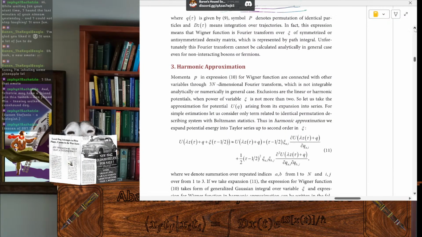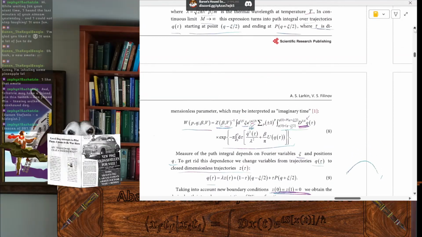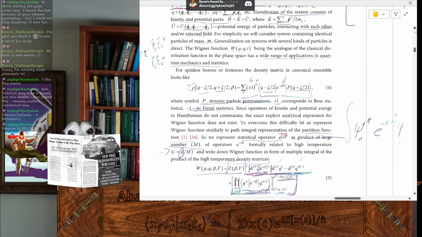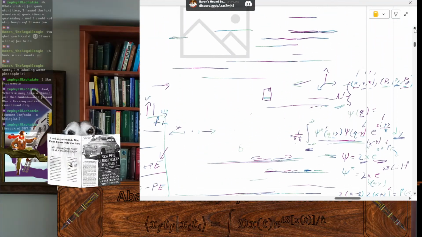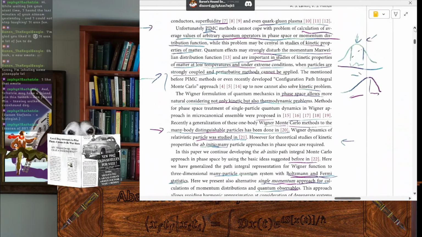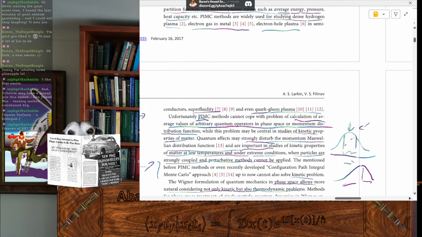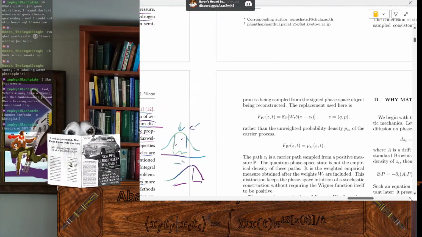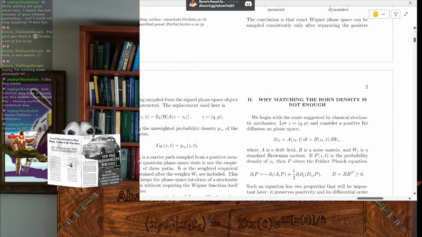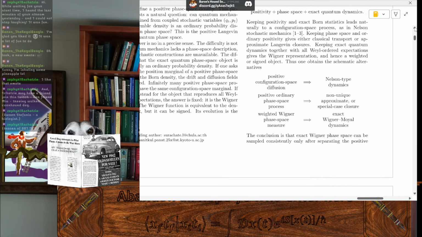I'm going to see if we have a better one. Okay. So this is going a little bit over my head in terms of explanation. I'm getting bits and pieces of it, but I don't think I'm getting it well enough to be able to explain what's going on. Let's see. I did download other versions of this.